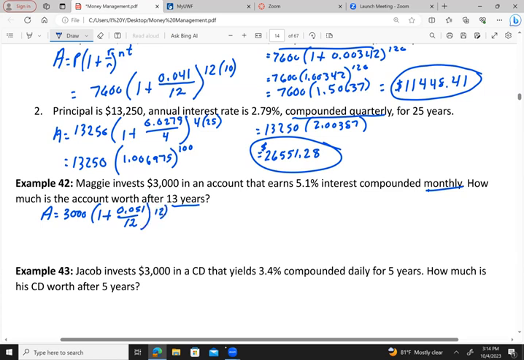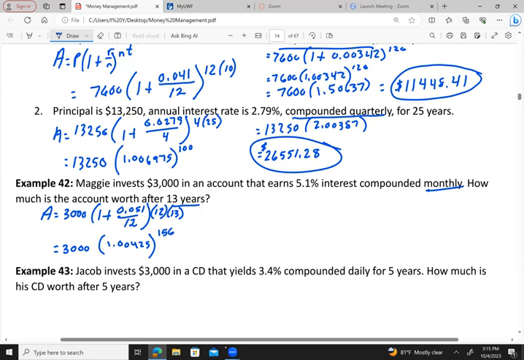And we have 12 times 13. Okay, so this is 3,000. And then if we do 0.051 divided by 12, and then add that to 1, gives me 1.00425. And then this is to the 156th power, 12 times 13.